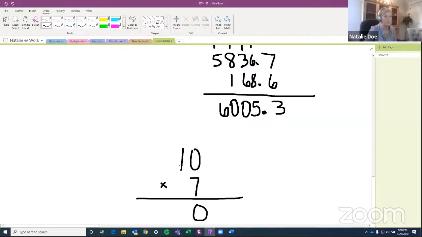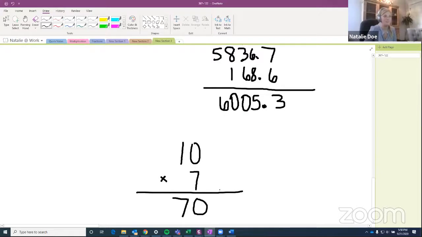And then 7 times the 1 in the tens place. So we get 70. Right? So if you wanna line it up this way, then you can do that too. So you just take these numbers and you multiply the ones place first and then multiply the tens place.